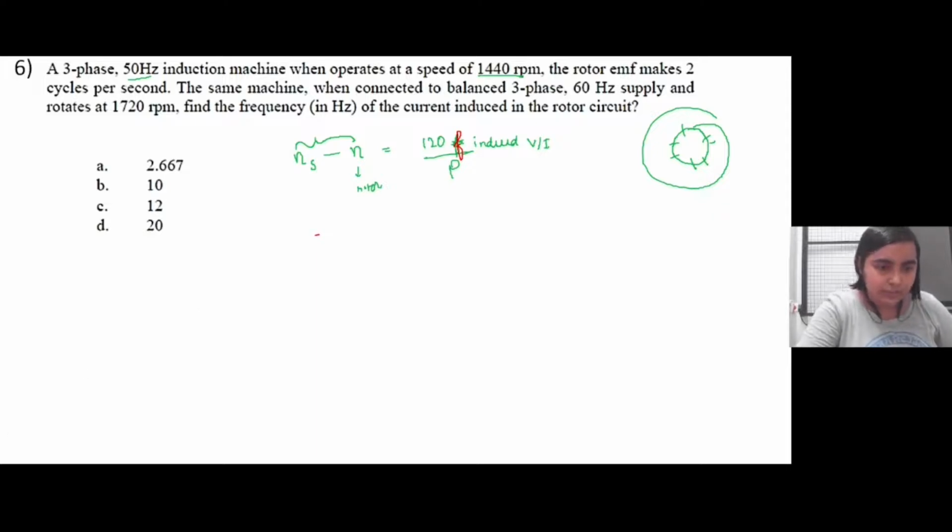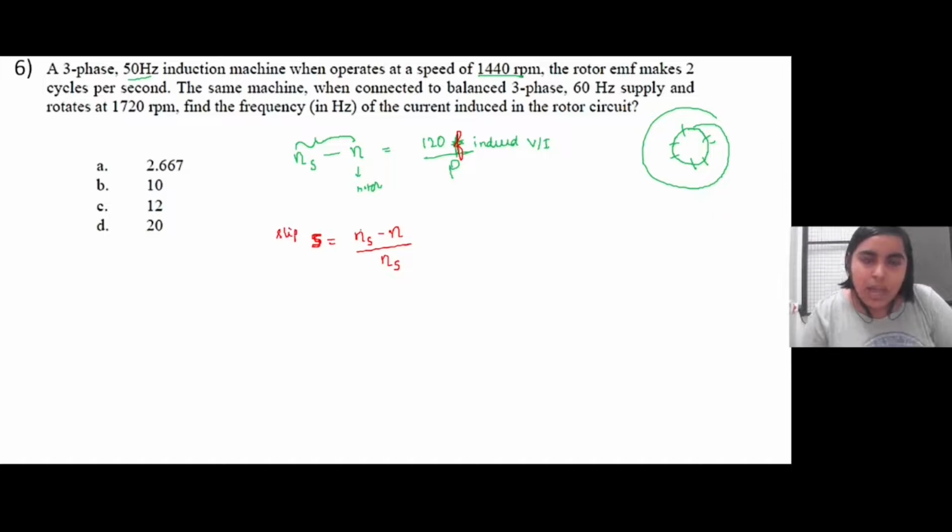A term called slip has been introduced to you in the lecture, which has a relation with the rotor and stator speed as Ns minus N by Ns. Sorry, Ns. So this is known as slip.